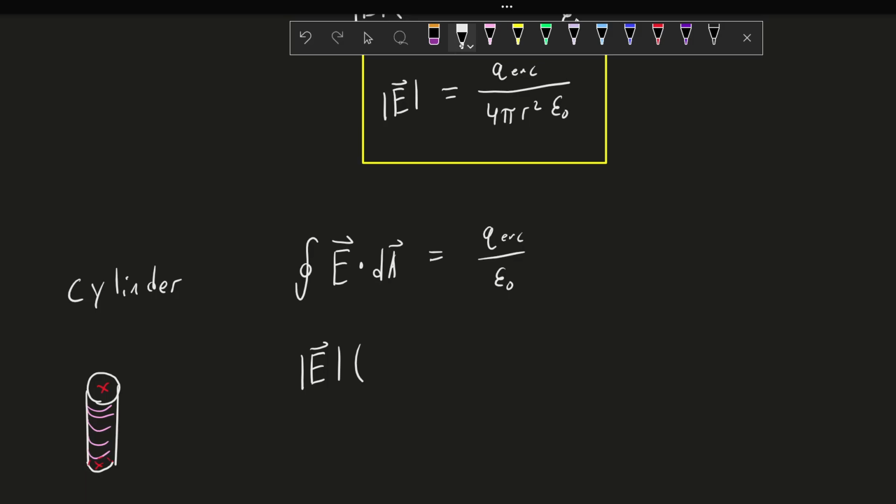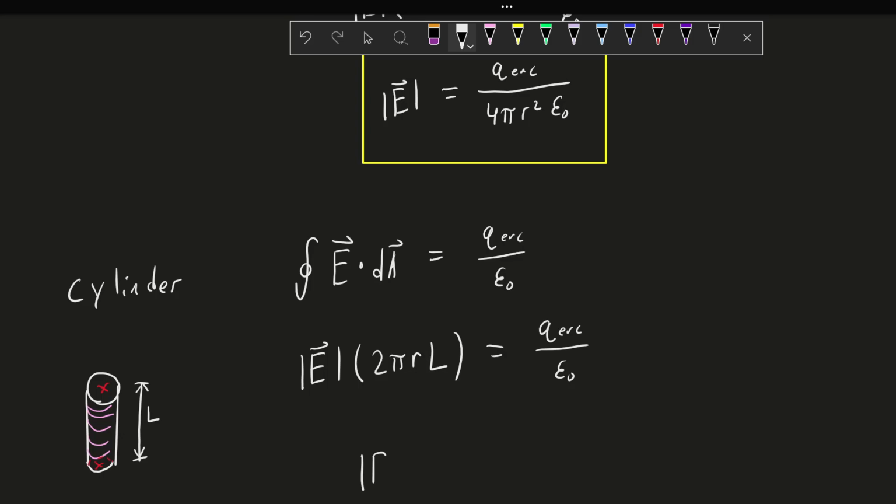So in that case, you would say, okay, the surface area would be the perimeter of a circle times the length of the cylinder. So you'd say, okay, that's simply 2 pi r, the circumference of the circle, times L. And that is equal to Q_enc over epsilon naught.